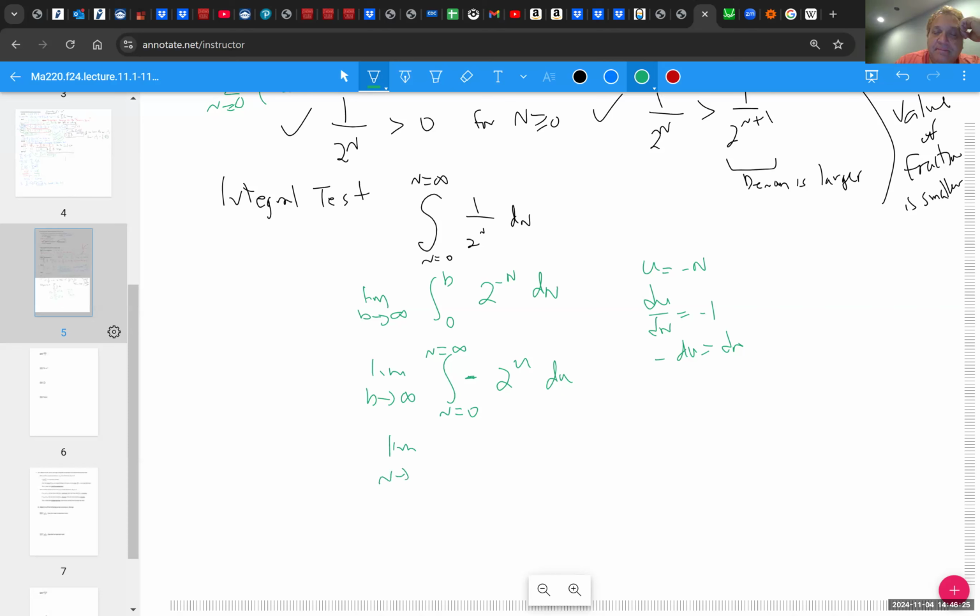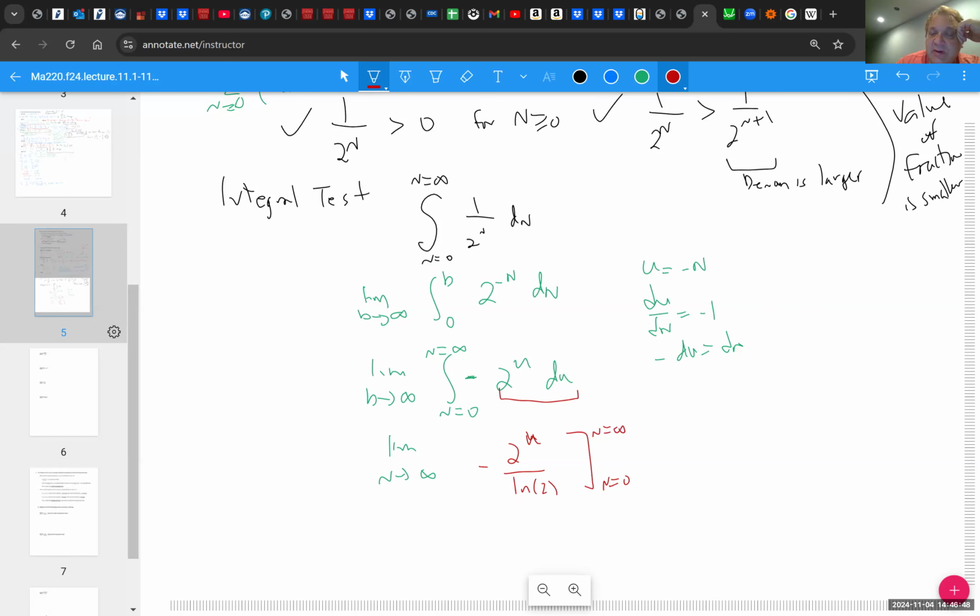And the integral of 2 to the u du, it's one of our standard formulas for antidifferentiation. The integral of 2 to the u du is 2 to the u over ln 2. We do need the negative. We do need to go from n equals 0 to n equals infinity.